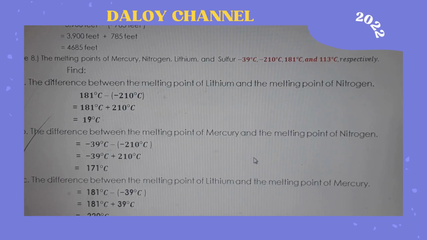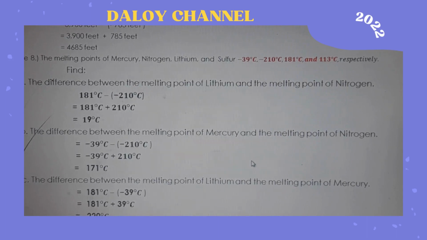That 3,900 feet will be subtracted by, because of below sea level, a negative 785 feet. So it turned out that 3,900 feet, negative times negative becomes positive, so that is to be added by 785 feet. So the final answer for this example is equivalent to 4,685 feet.